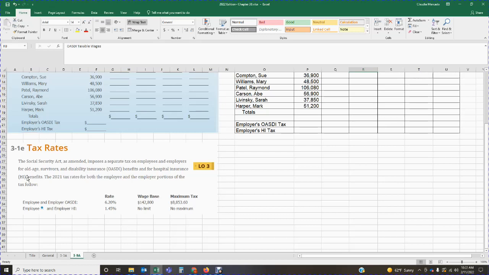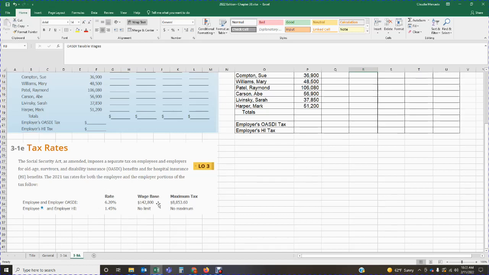It is super long, so I'm just going to be saying OASDI, and Hospital Insurance, which is your HI benefits. The rates are 6.2% for OASDI, 1.45% for HI.